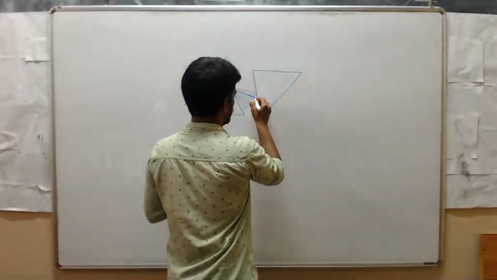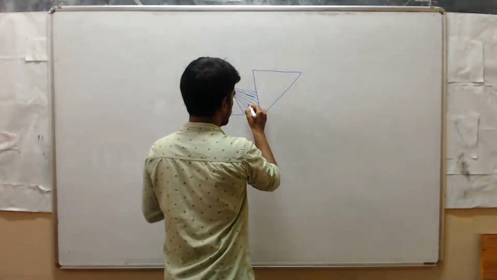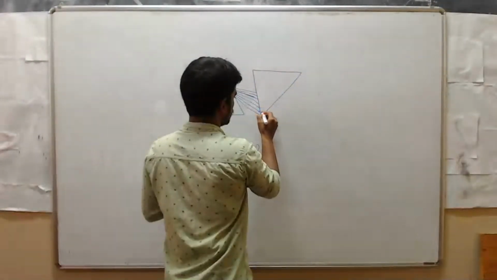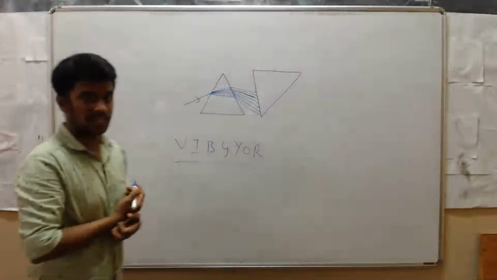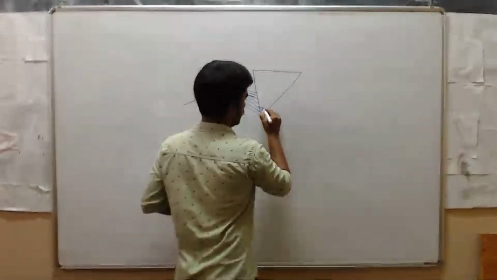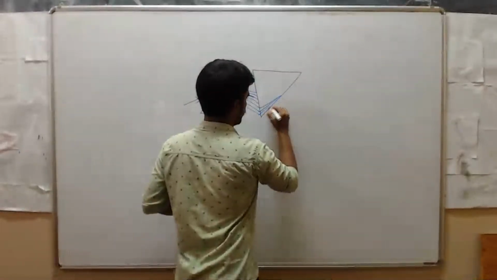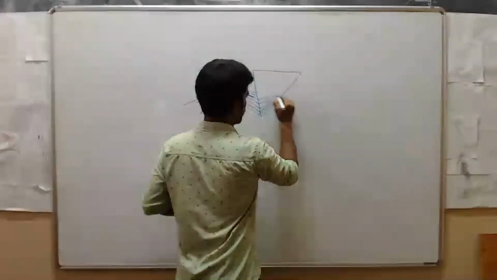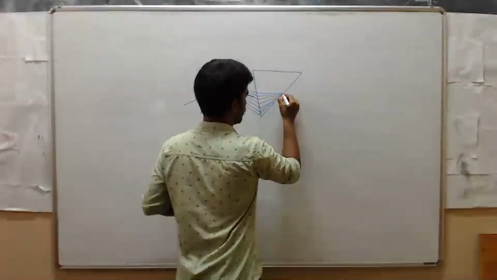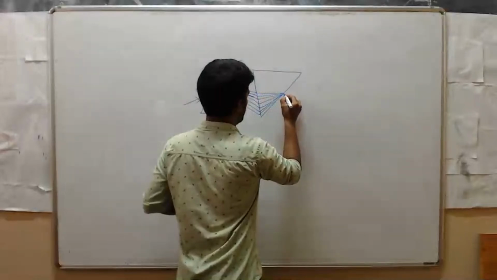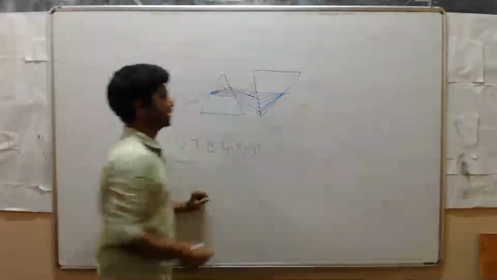Here also refraction takes place, right? So once again the rays will bend like this, and finally we will get white light once again.